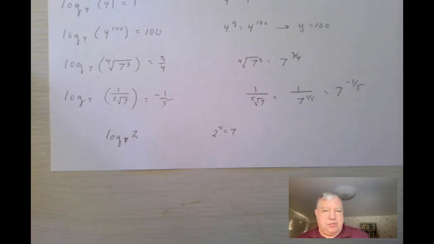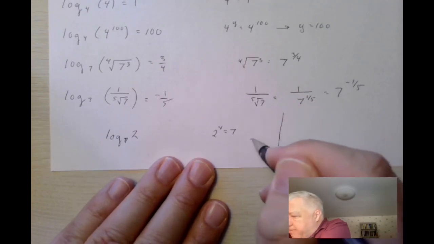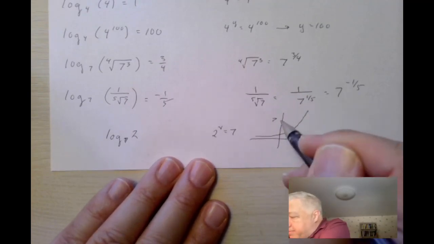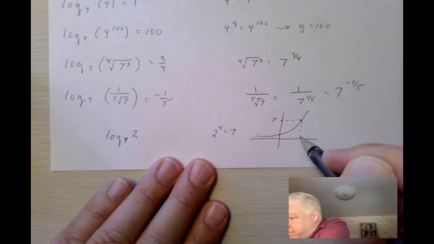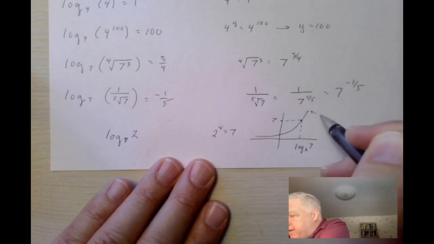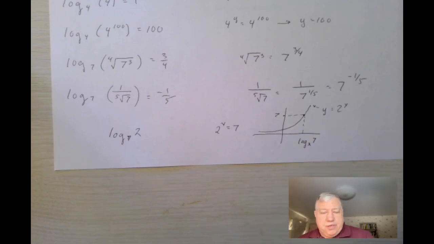This does have a solution, because if we look at the graph of y equals 2 to the x, and here's 7, whatever this is going to be is the log base 2 of 7. So there is a solution, but this is where we need a calculator to find that. And we'll be talking more about that in the next video.